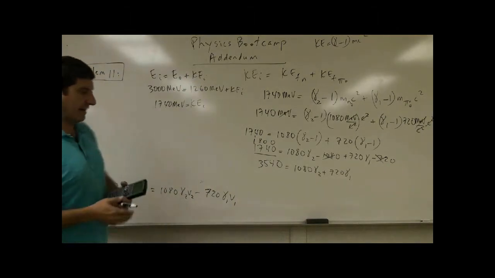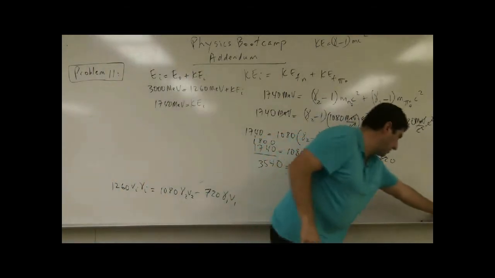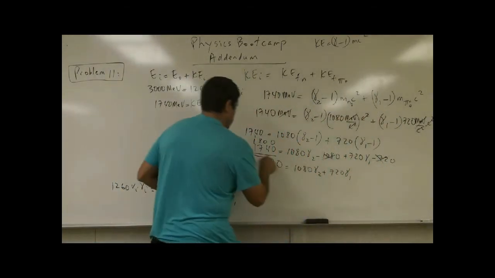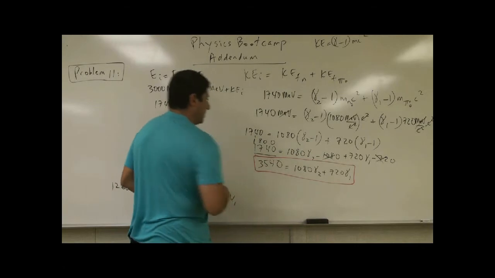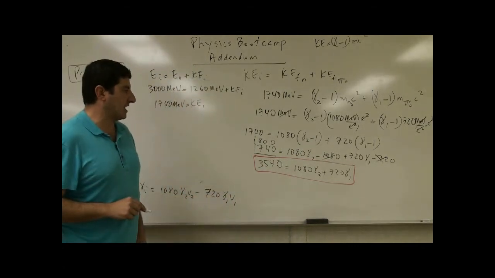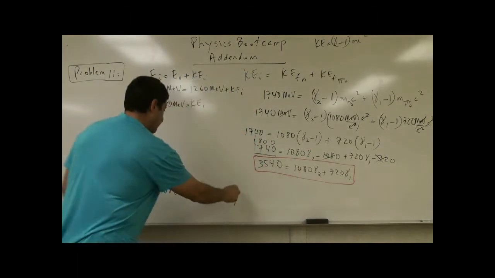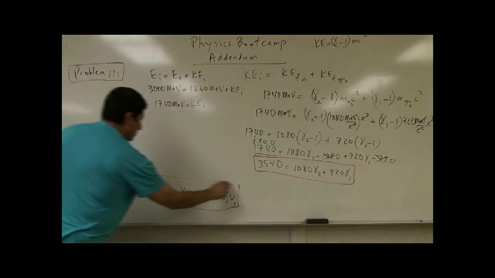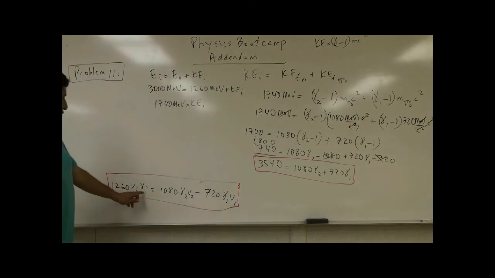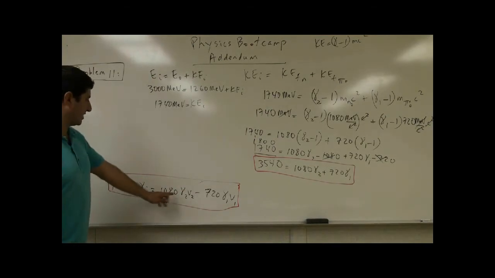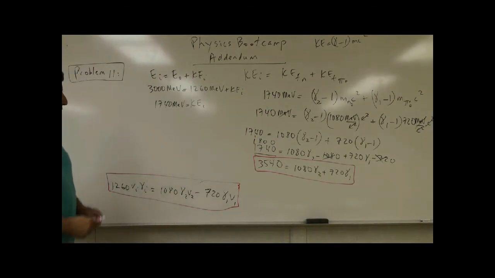Well, we essentially have now two equations. I have 3540 is equal to 1080 gamma 2 plus 720 gamma 1. And then my other equation is 1260 V initial gamma initial is equal to 1080 gamma 2 V2 minus 720 gamma 1 V1.